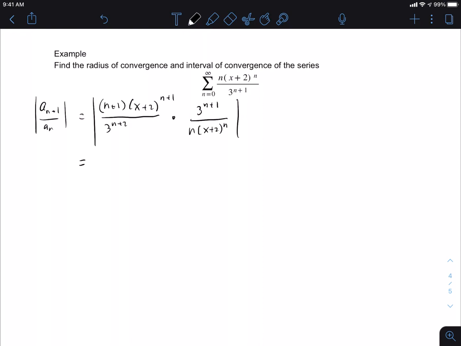We'll get a 3 in the denominator. We'll have an x plus 2 left, and then we should have (n plus 1) over n times the absolute value of x plus 2 over 3. But this can be cleaned up a little bit.